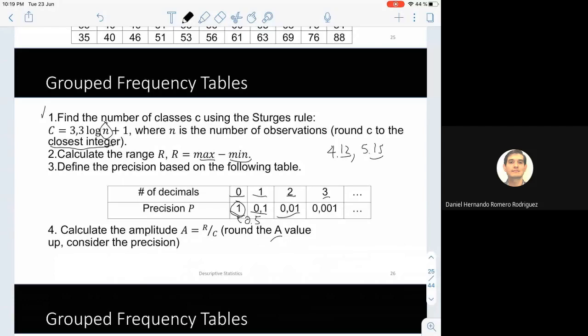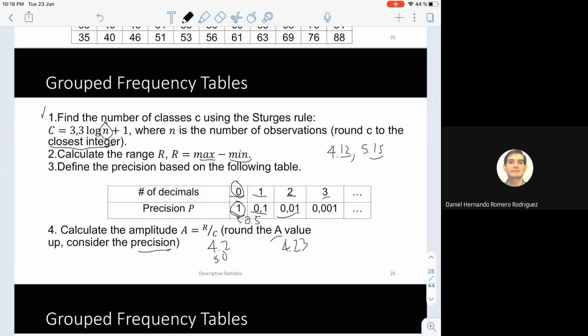So what does it mean, considering precision? For example, if we don't have decimals and we get 4.2, then we will round it up, and that will be 5, because there are no decimals. Now, if the number of decimals is 1, meaning that the precision is 0.1, and we get, let's say, 4.23, we'll round up considering the precision.